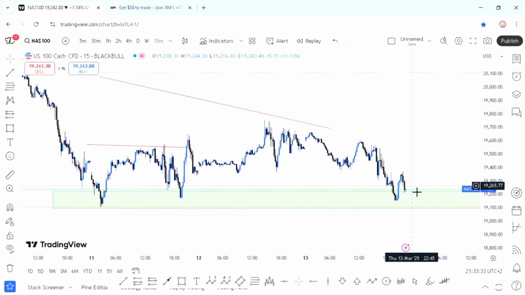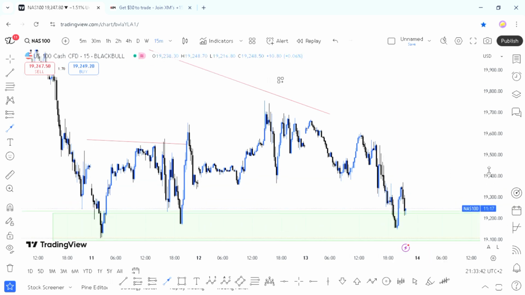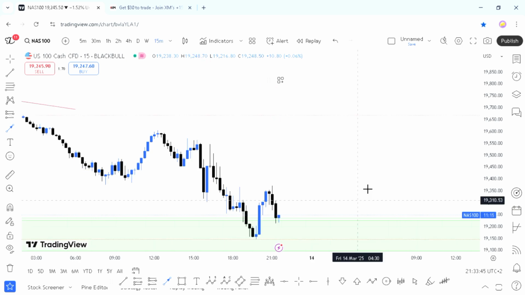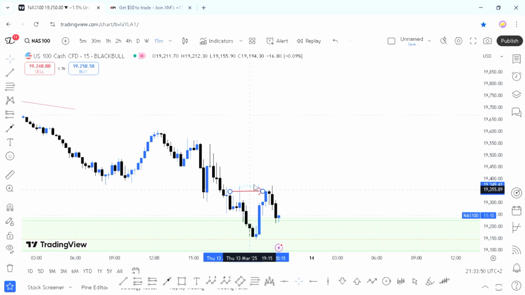Now it's at the point of interest on the daily time frame, and the market is giving us confirmations that we could have clear buy opportunities here because we had a break of structure on our lower time frame and change of character.